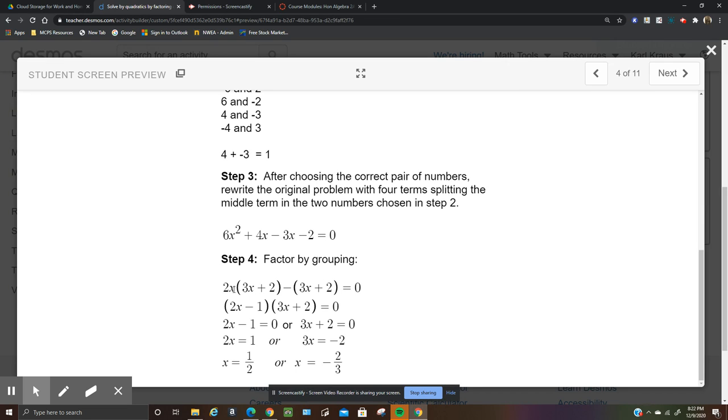And then the reverse of the distributive property here, so 2x, this is actually a 1 in front of here, so 2x minus 1 times 3x plus 2, and then solve each of these two equations here. I get x equals 1/2 or x equals negative 2/3.